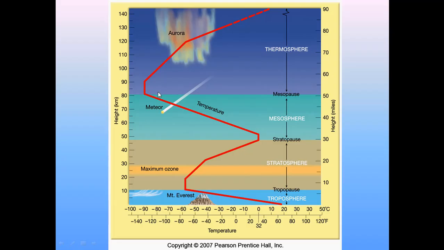Well, to keep things really simple, the reason why temperature increases in the thermosphere is simply because the sun's energy is very close to this layer of the atmosphere. This is the top layer of the atmosphere, so it is closest to the sun. It is closest to getting that incoming solar radiation since it is at the top of the atmosphere. And that is why temperature increases again. So these are the four layers of the atmosphere, and this is why temperature varies between them.